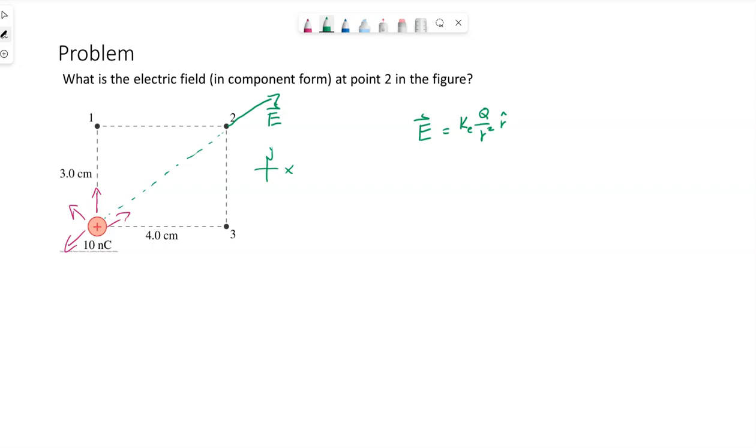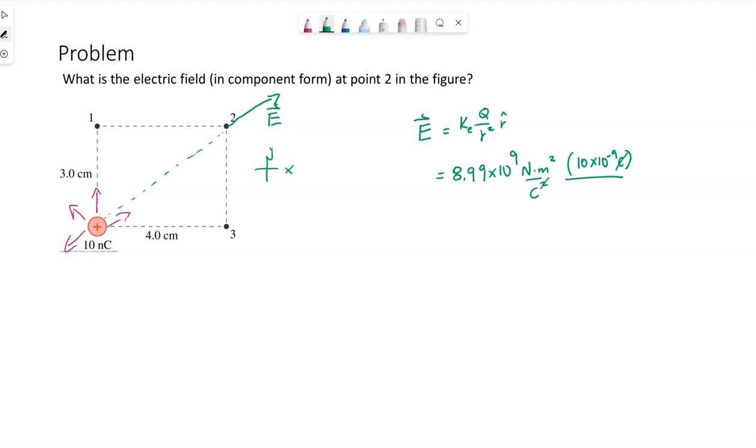So K is our constant, and it has units of Newton meters squared per coulomb squared. Q is the amount of charge we have, which we do want in coulombs, so that this will cancel with one of the coulombs.